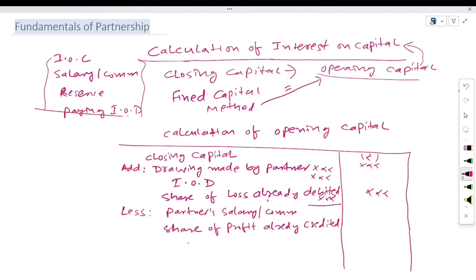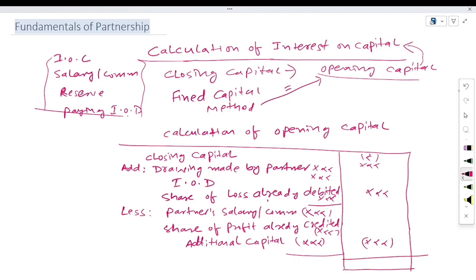If any additional capital is given, then you have to less this one also. All this amount will be less here, you have to less this amount.